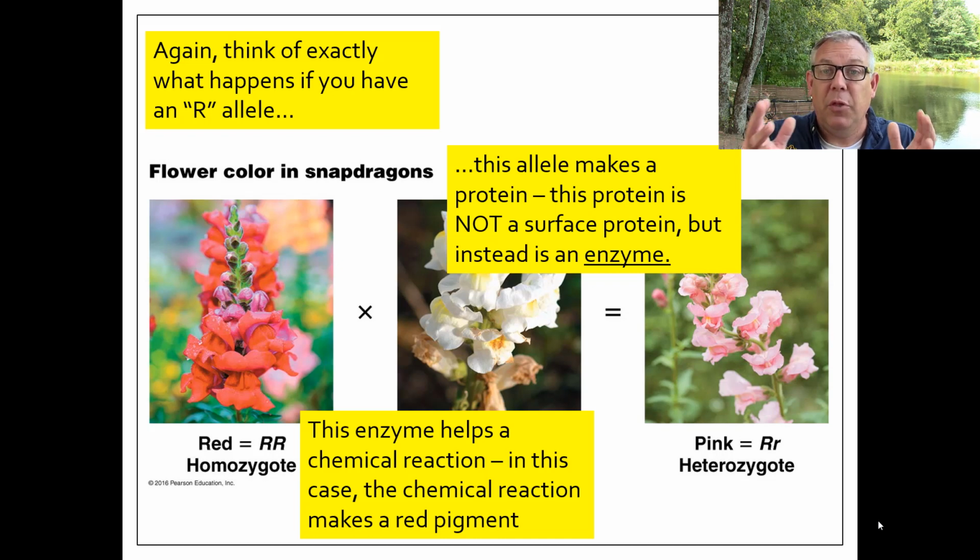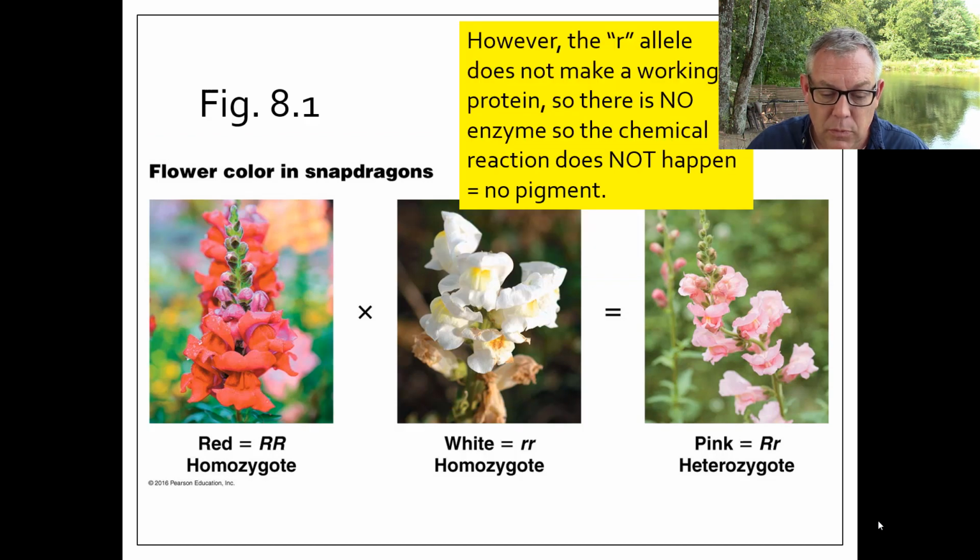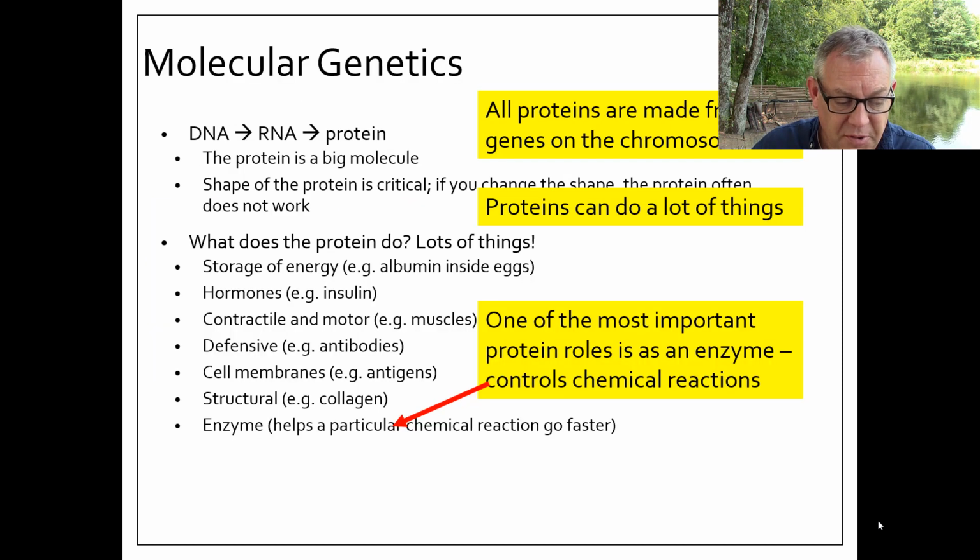If you've got two of those small R alleles, you don't make any pigment, you got white flowers. If you got one of those small R alleles, you don't produce as much pigment, so you got pink flowers. And so that's what I'm saying right here. Just thinking about things at the molecular level helps you get a deeper understanding.